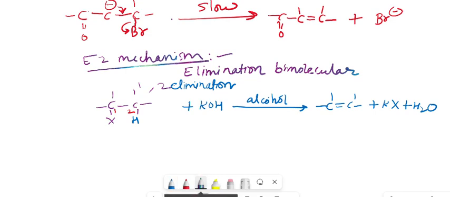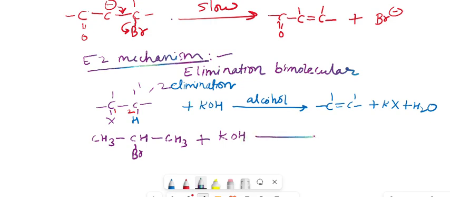Now taking the example of a simple alkyl halide, we can see that with KOH in presence of alcohol C2H5OH, it is forming alkene CH3CH double bond CH2 plus KBr plus H2O.